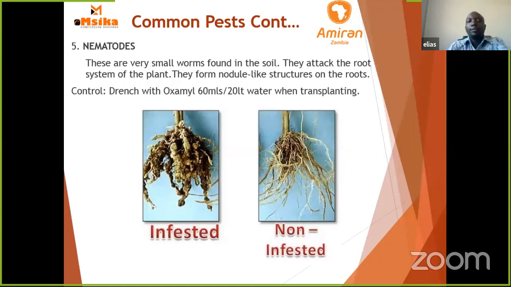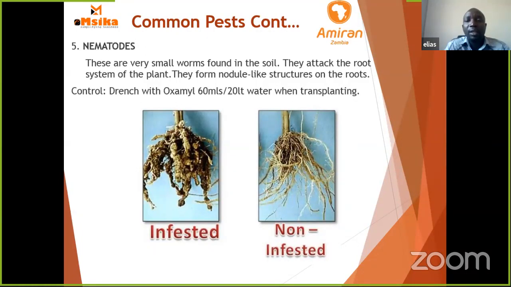The other pest that you can find in the peppers is one unique pest, which is a soil-borne insect called nematode. Nematode is a very small worm found in the soil, and it attacks the root system of the plant.